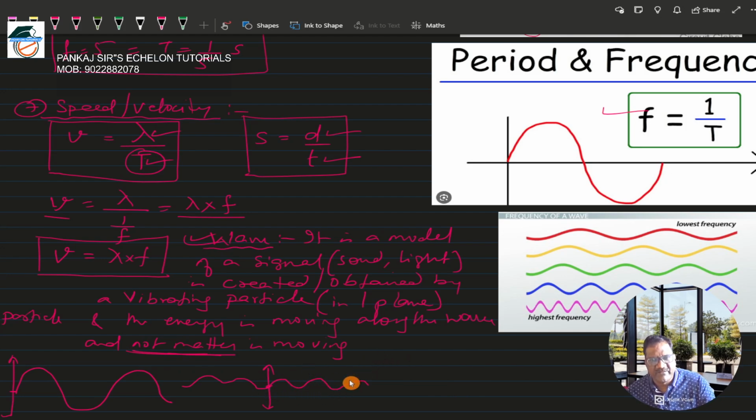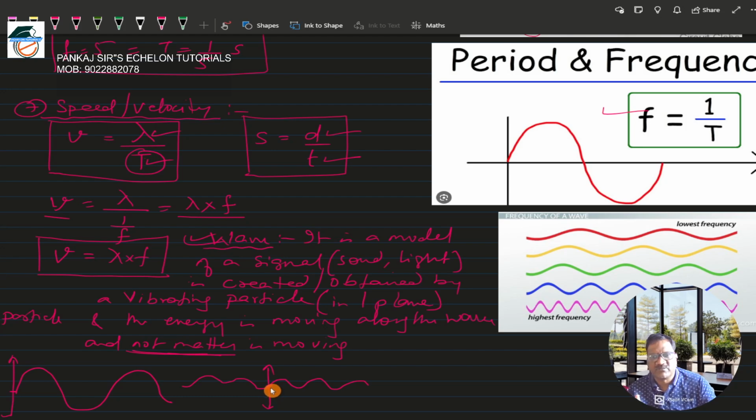So to summarize everything in today's session, we can end up with this important point: in a wave, the matter doesn't move, but the energy is something which is moving. In any wave, the particle is vibrating in only one particular plane, it is not leaving its position, so it is not moving.